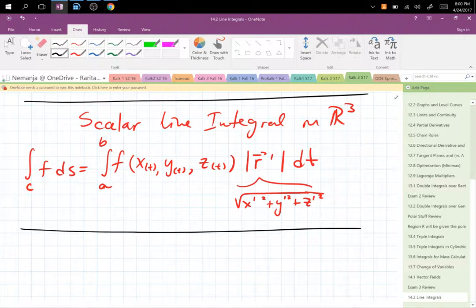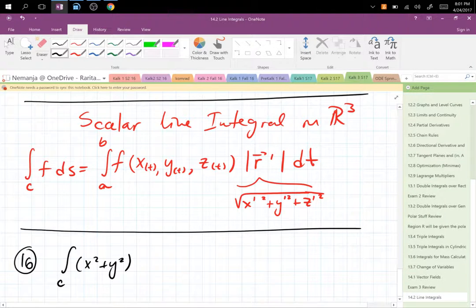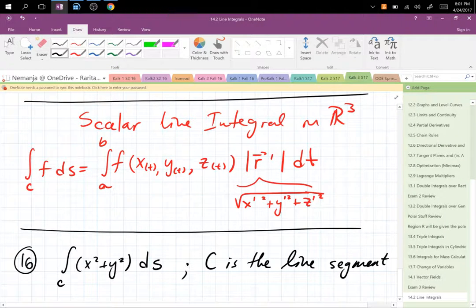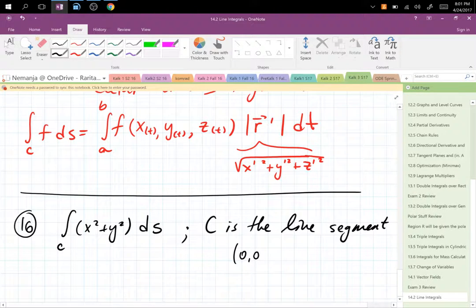Let's see. Problem 16 looks good. It says integrate, where C is the line segment from 0, 0 to 5, 5.